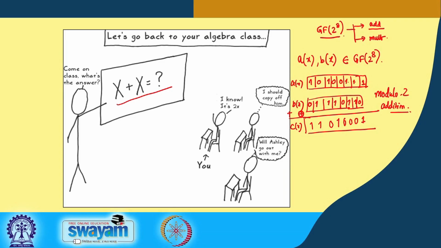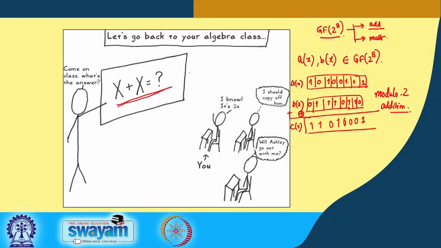If this is how you define the addition, then you can tell me what x plus x is. That means I take Ax and add it to itself. In the truth table that I showed for XOR, if I XOR 1 with 1, what do I get? 0. 0 and 0 is also 0. So therefore this will be 0.